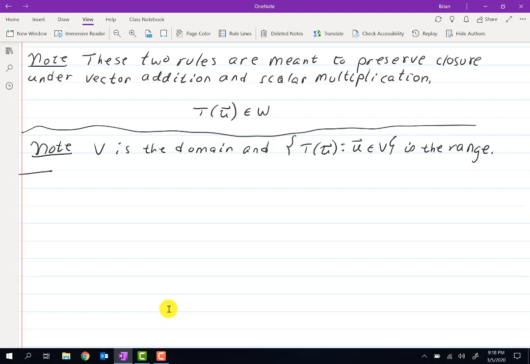Another definition. Let T from V into W be a linear transformation.